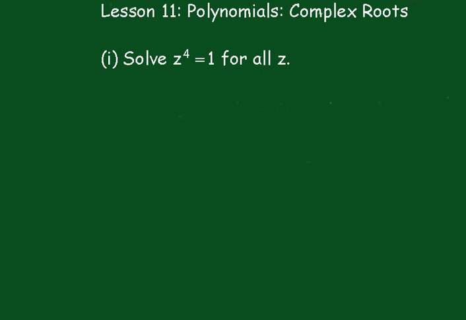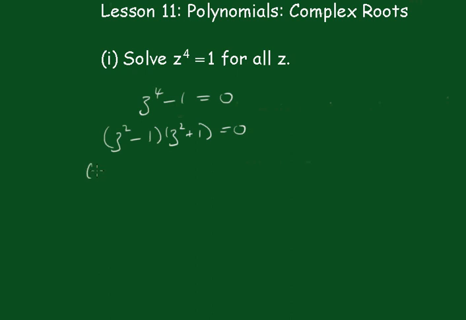Lesson 11, Polynomials, Complex Roots. In part 1, we have to solve z to the fourth equals 1 for all z. So what I'll do here, I'll take that 1 across the other side and write that as z to the fourth minus 1 equals 0. Now this is z squared minus 1 times z squared plus 1.